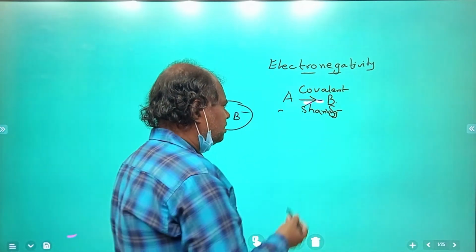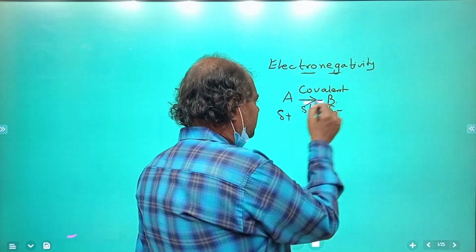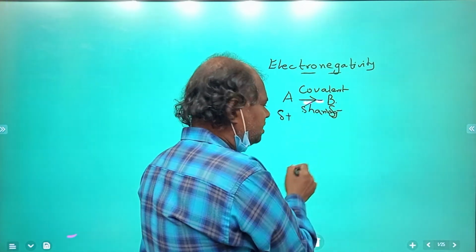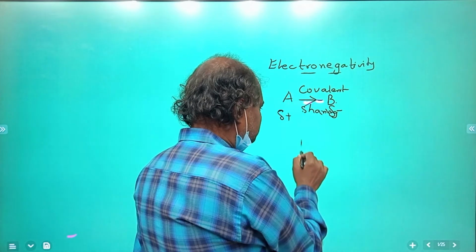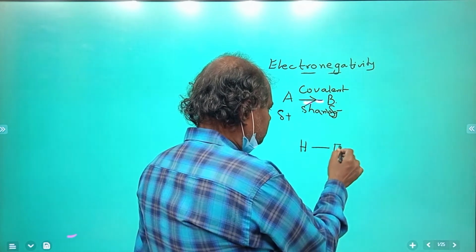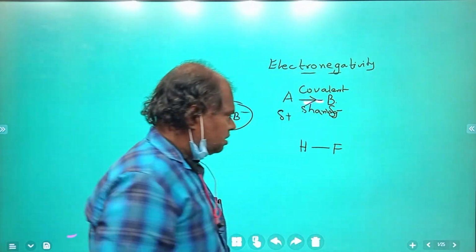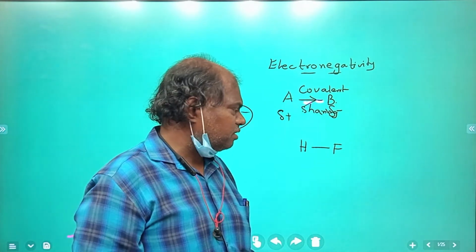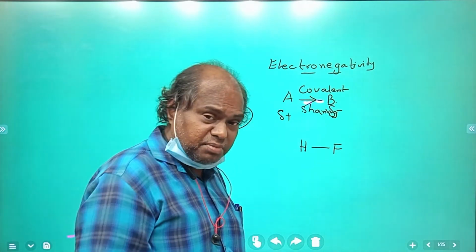Now let's take an example. Because of this electronegativity, A will get plus and B will get minus because electrons are spending more time with B. Let us take HF. Now here we say that F is more electronegative. What does it mean?